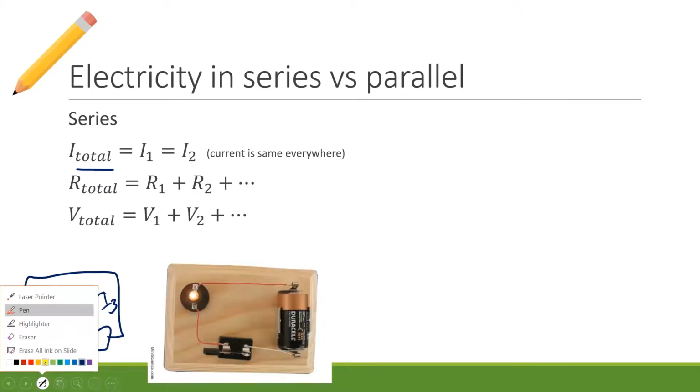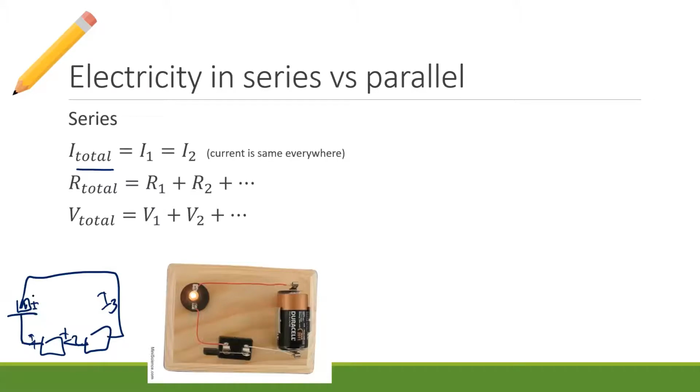The resistance is different. The total resistance is equal to the sum of each resistor. So if this one down the bottom here was, say, 3 ohms, and this one was 5 ohms, the total resistance is 8 ohms. Instead of having a 3 ohm resistor and 5 ohm resistor, you could just replace that with an 8 ohm resistor and everyone be happy.